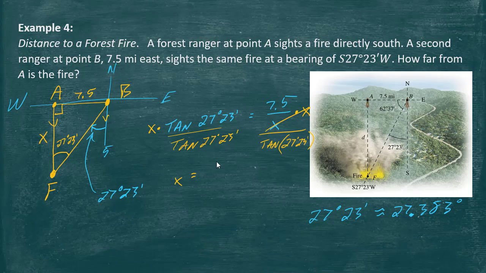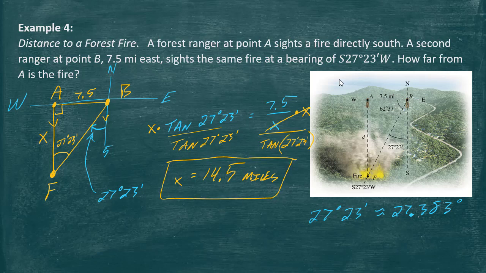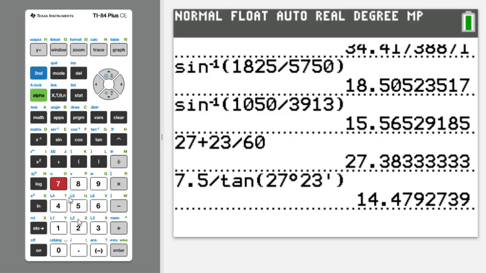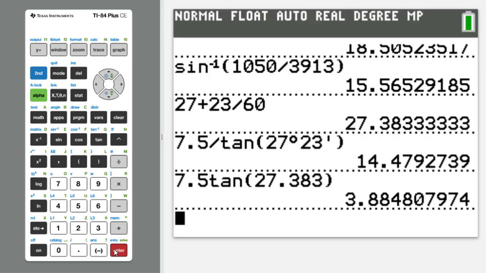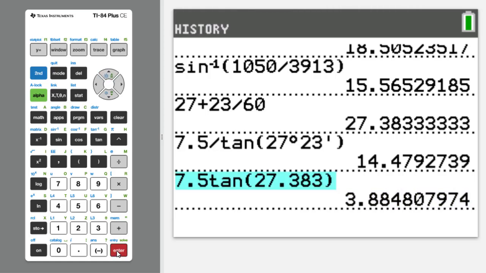So if we go back, this is 14.5, and because of context, this time I finally get to use whatever unit it was providing, which happened to be miles. Now, if we go back and see just how close this was if we would have used the decimal version of 27.383, notice the typing in, oops, I forgot my divide sign really quick.